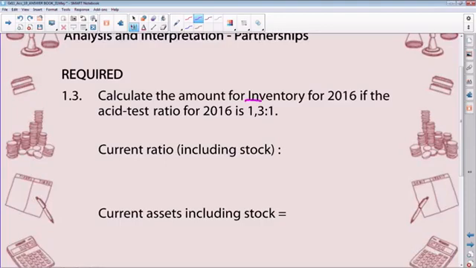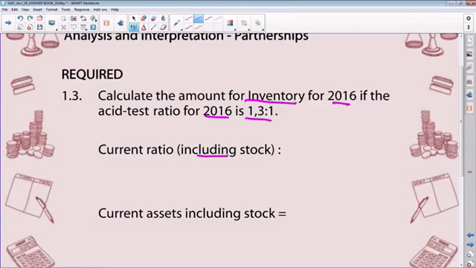Calculate the amount for inventory for 2016 if the asset test ratio for 2016 is 1,3 is to 1. Okay, so the question is asking us, what is your inventory for 2016 if the asset test ratio is 1,3 is to 1? Right, now we've just done the current ratio, and we know from our accounting knowledge that your current ratio always includes stock.